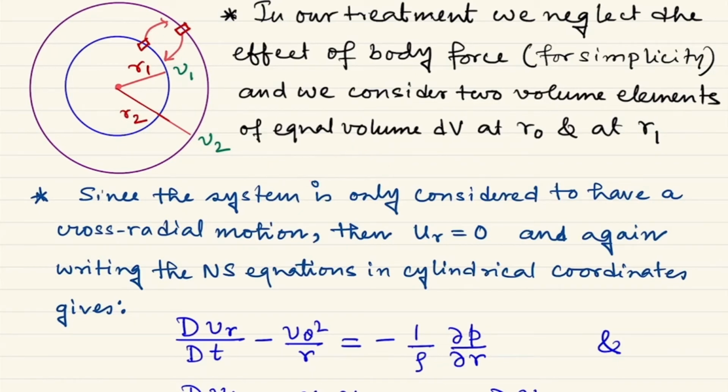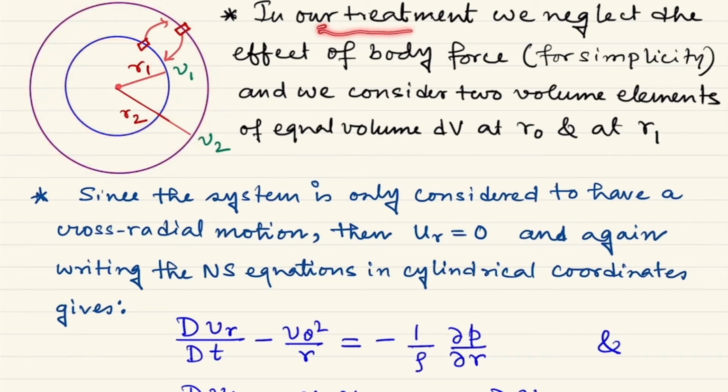This is the case for an accretion disk as well, and V theta is the whole velocity. So you can see that this ring is moving with linear velocity v2, and this ring is moving with linear velocity v1. Of course, both of them are just rotating like this.